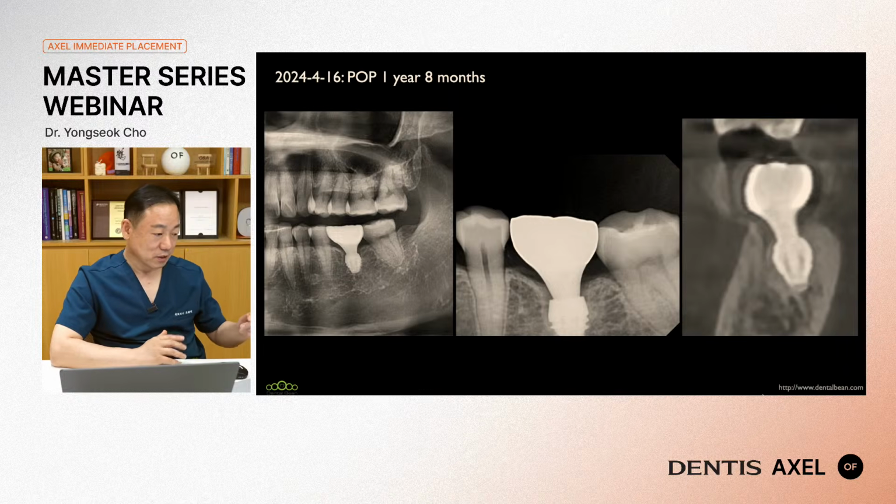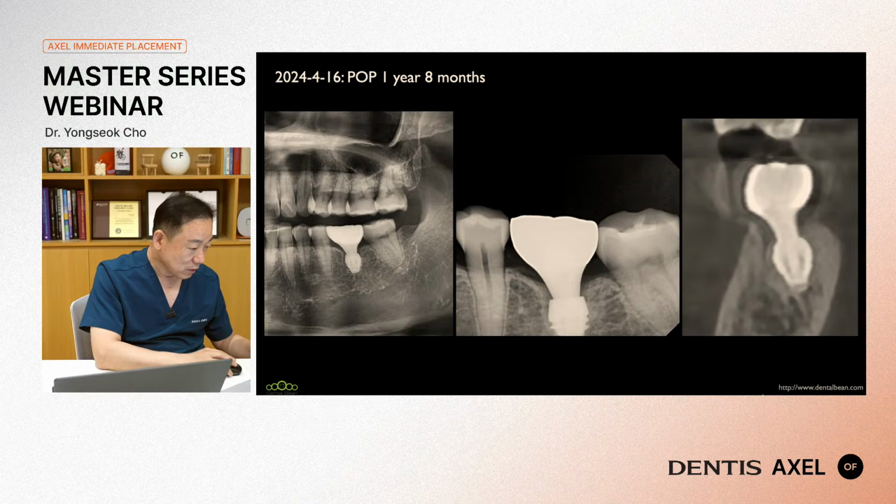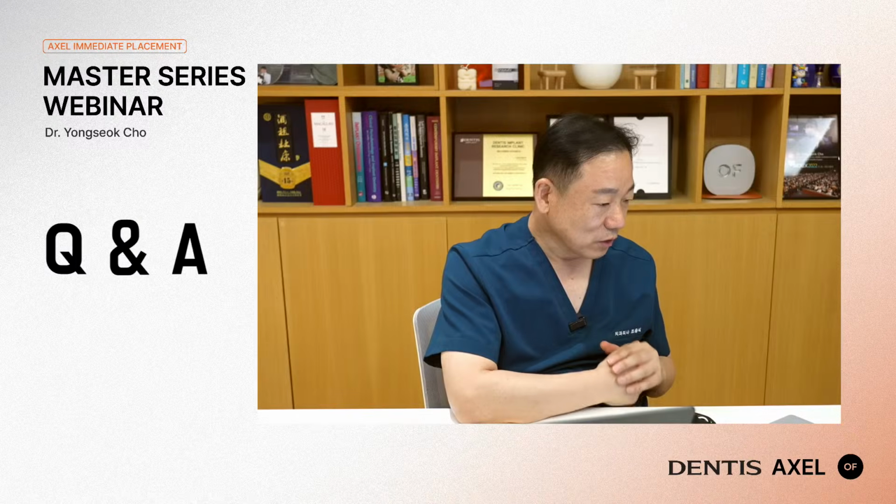And here are several questions from Korean and foreign dentists. One dentist asked me that he couldn't get primary stability in an early implant case. Maybe it is difficult to get primary stability in the early situation.